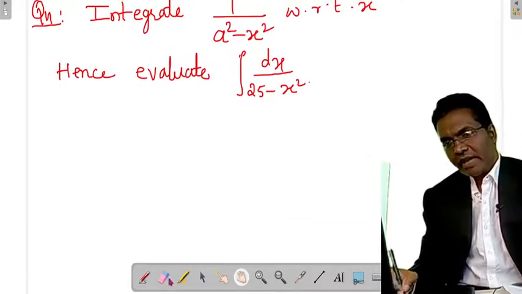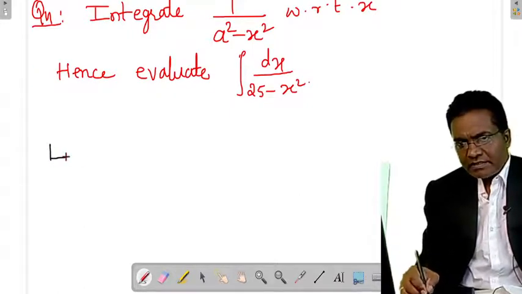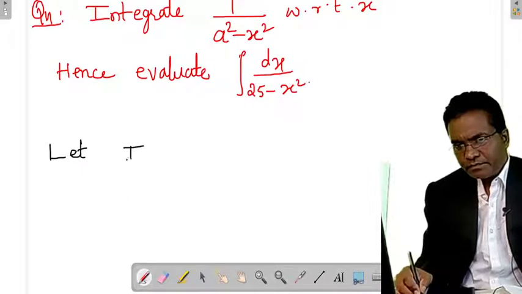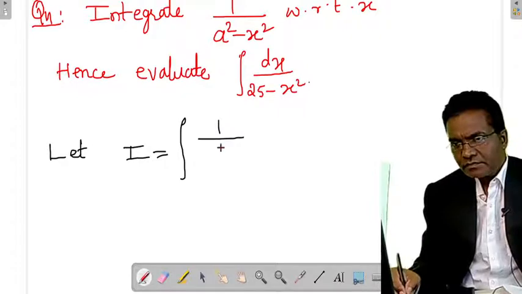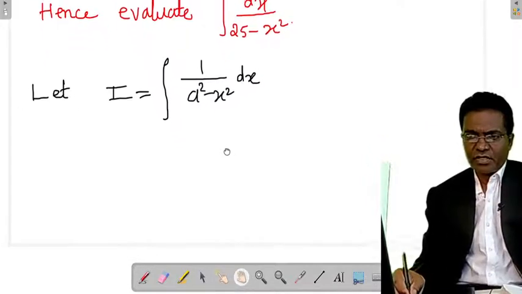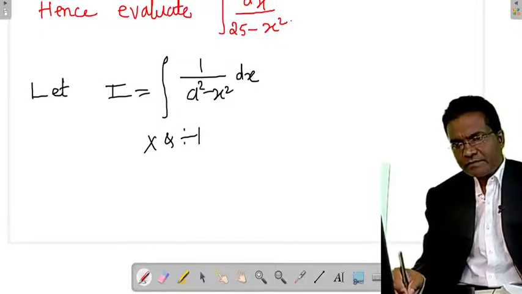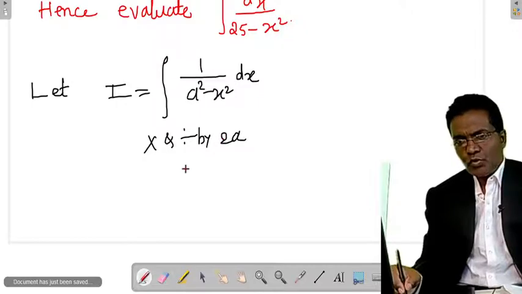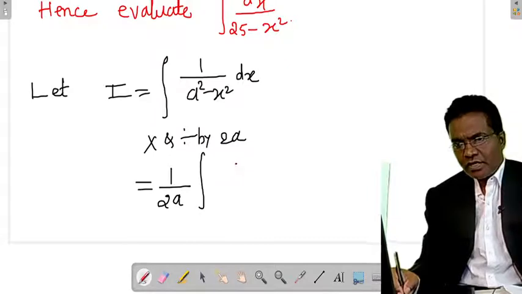Okay, so as earlier, let us call I equals integration 1 by a square minus x square dx. As earlier, multiply and divide by 2a. It is 1 by 2a divided by, and factorize this.